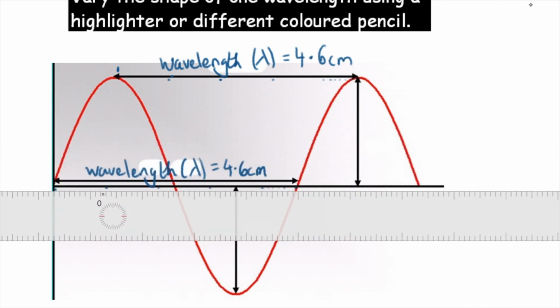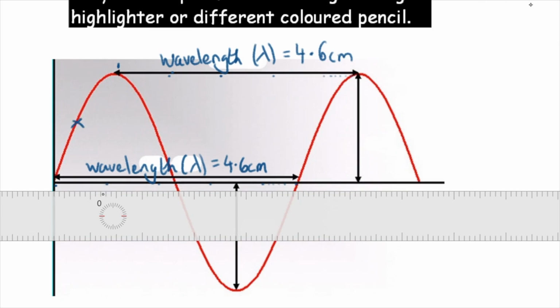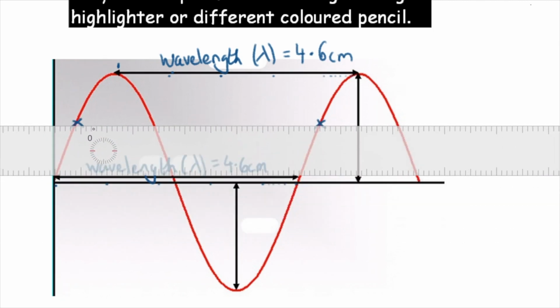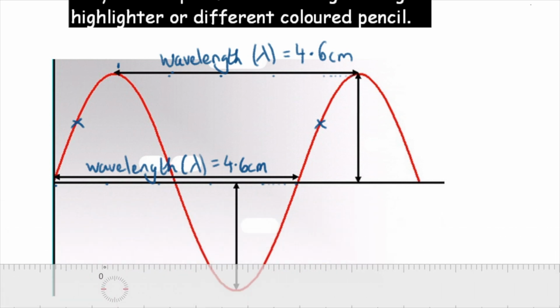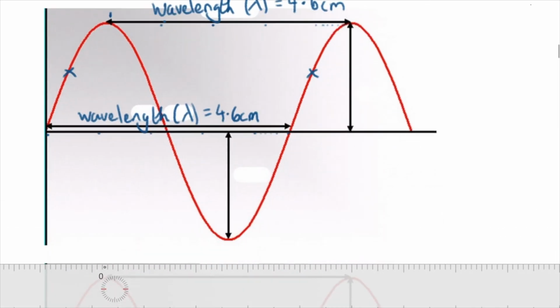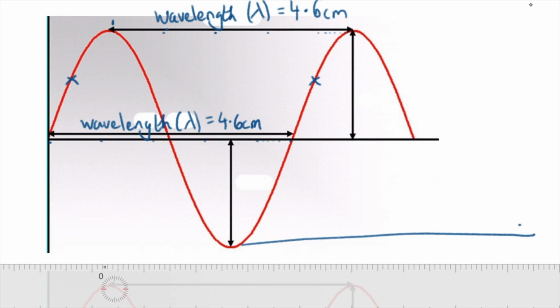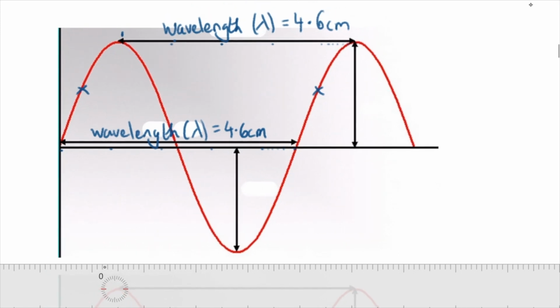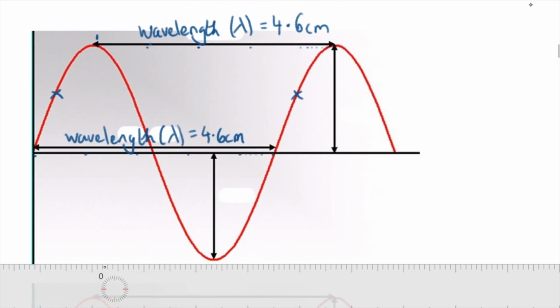So you could take from this point here to that point there, and again that would read 4.6. Or you could go from the bottom to the bottom of the next wave, that would also be 4.6. So the wavelength is the distance between adjacent peaks, or adjacent, we call these midpoints.